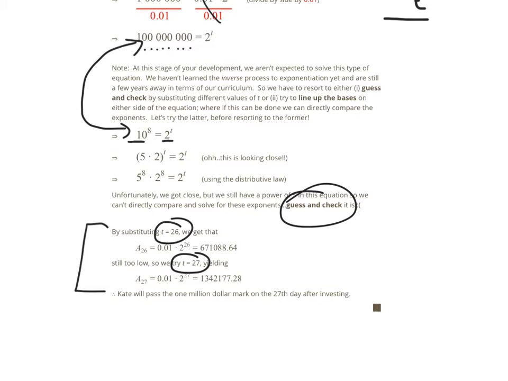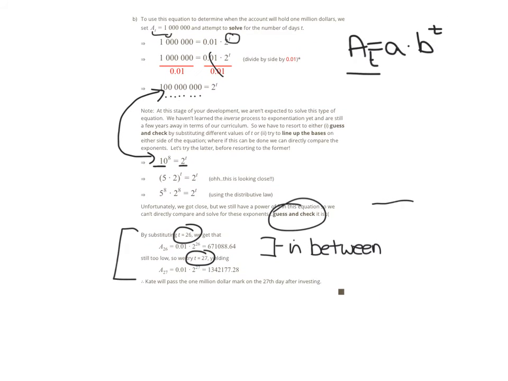So we know that our answer falls somewhere in between. Sometimes the guess and check method is still valid until we teach you some of the harder stuff here. I'm just going to move on to the next slide.